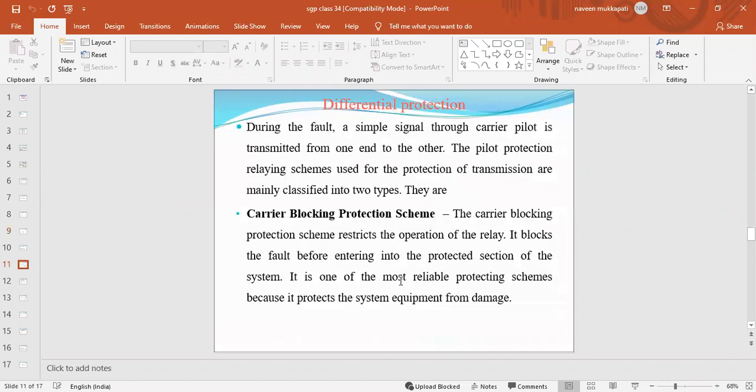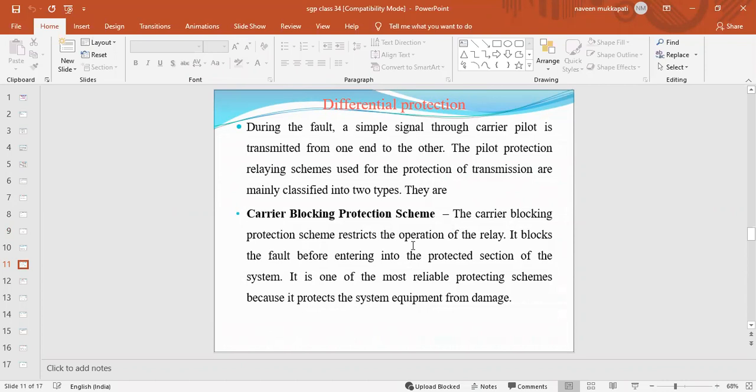During the faulted condition, a carrier signal flows from the transmitter to the receiver. Therefore, the tripping command is given to the relay coil or the circuit breaker. In that we observe two conditions.